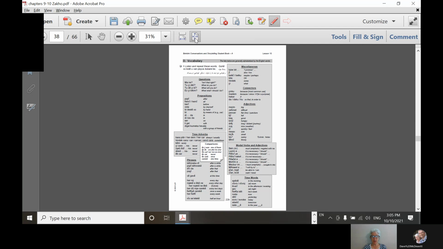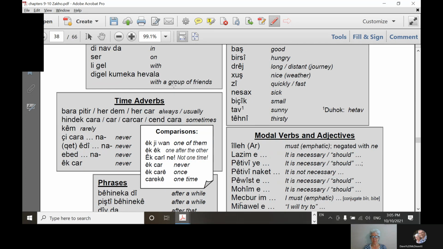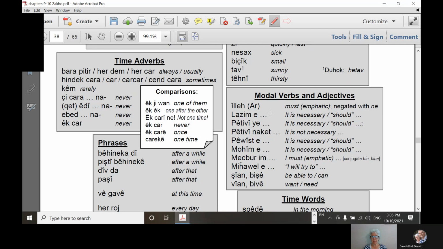Section D, you have all the vocabulary. Let's look at the modal verbs in section D. Down here at the bottom, modal verbs and adjectives. So this first one, ilah, is Arabic, and you've probably heard your friends say this when they're talking to someone and they're being very dramatic and very emphatic about something.